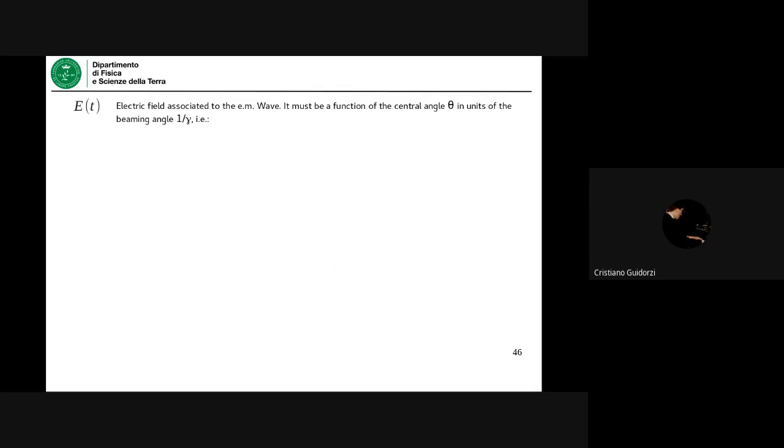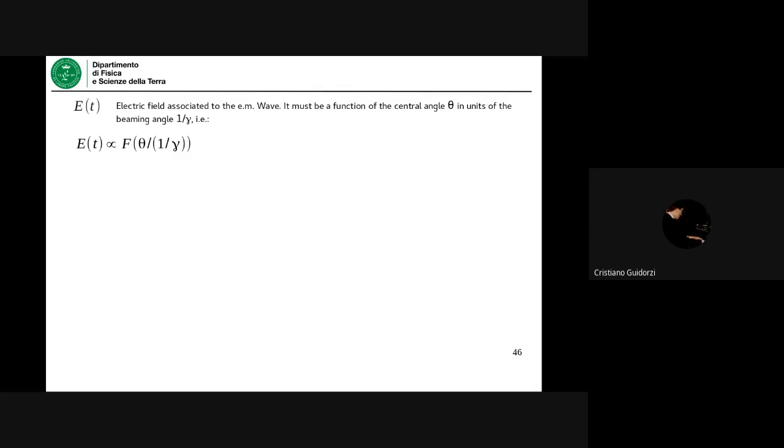So the electric field as a function of time is what we measure as observers. If you think of the drawing of the arc delta S I designed as a function of theta, it means that, if theta describes the angular position of the electron along its orbit, the electric field is a function of time. Time will be a function of theta in which units? What matters in this case is the relativistic beaming angle, which is 1 over gamma.